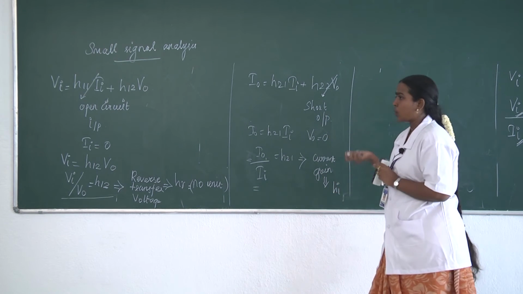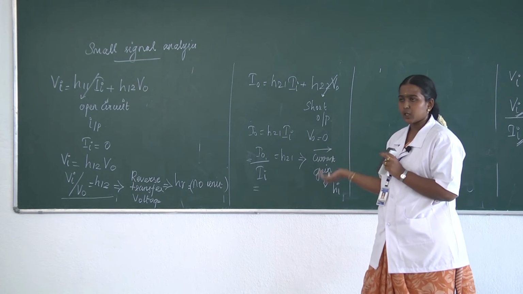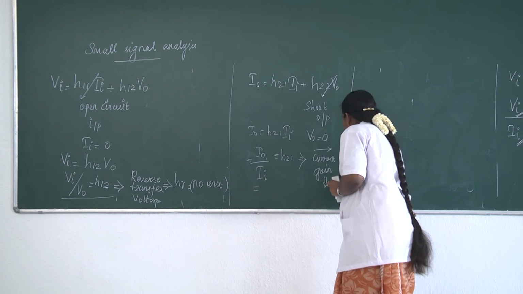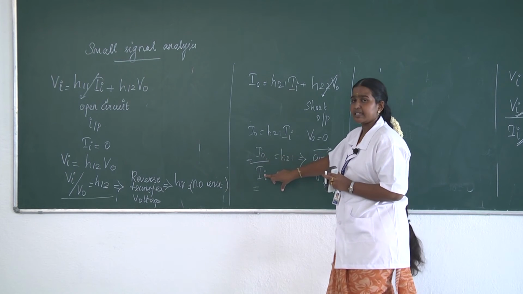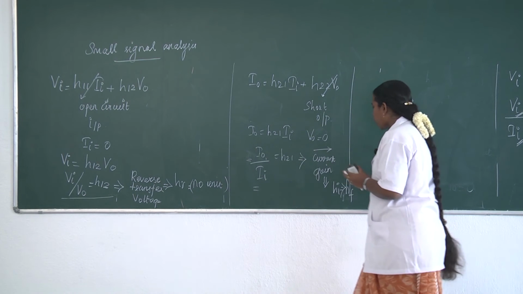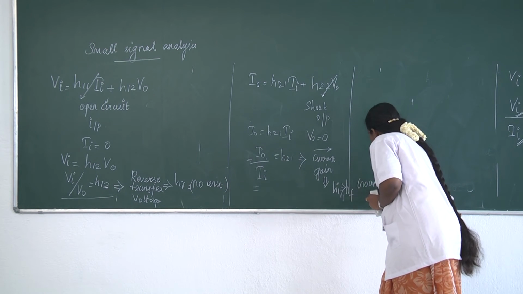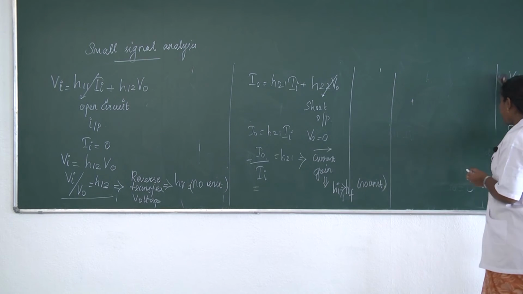Okay. So the current travels in a forward direction, so we can call this one as Hf. So again we are replacing this one as Hf, and being this Io and Ii are of the same terms, we do not have a unit for this. So we have derived the third parameter also.